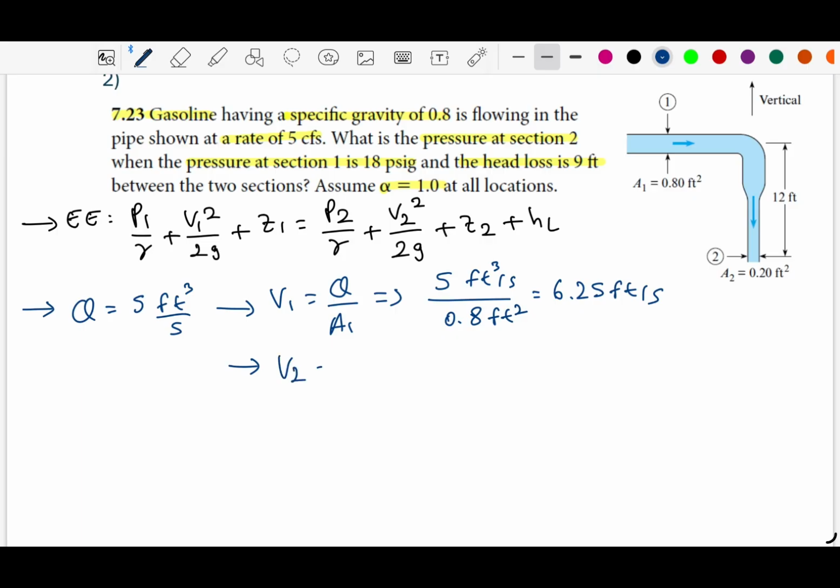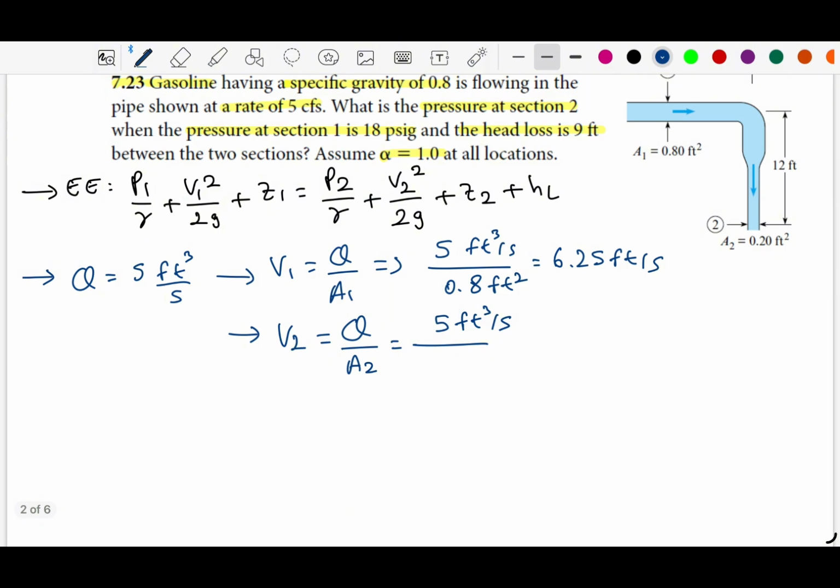And for the second velocity at point 2, we have Q over A2. Again, the Q is 5. Because of the continuity equation, we will have the same flow rate, but because of the changing area, we will have different velocities.